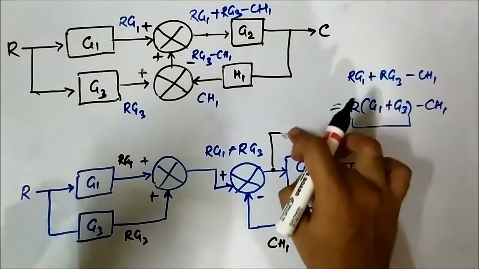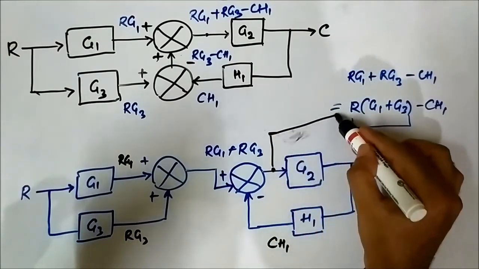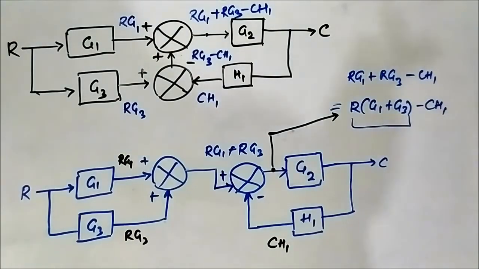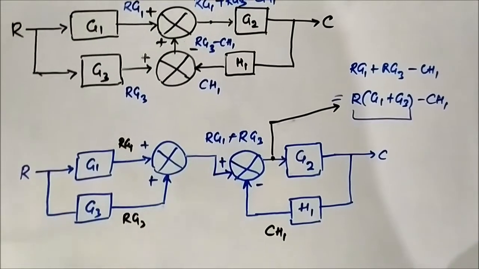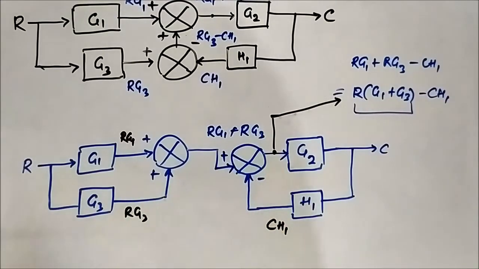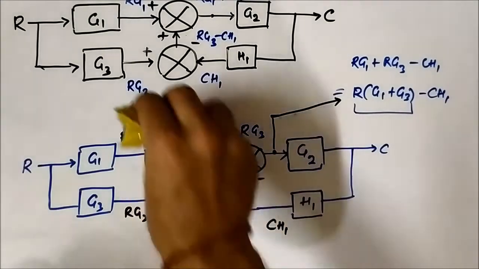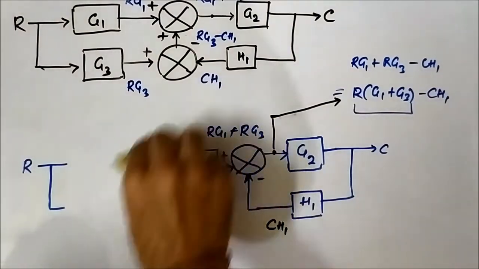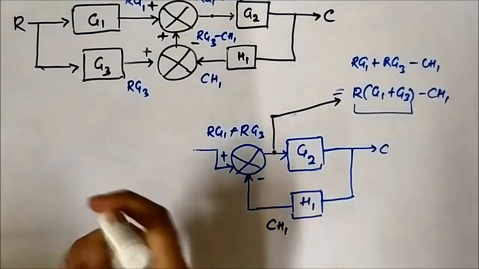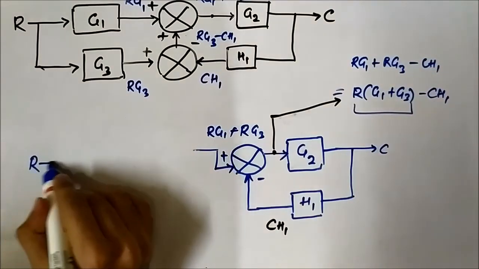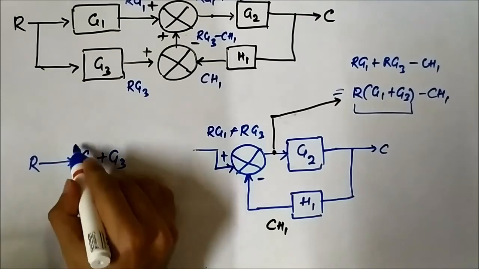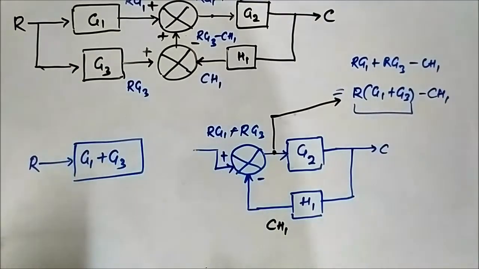This point has a value equal to this. Now we can easily simplify this, because this is a forward path connection, so we can redraw this as simply R times G1 plus G3, this whole portion.